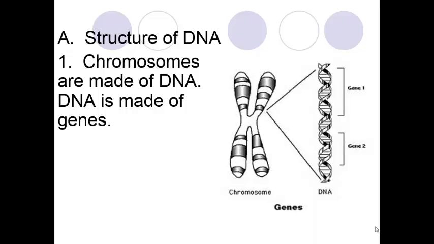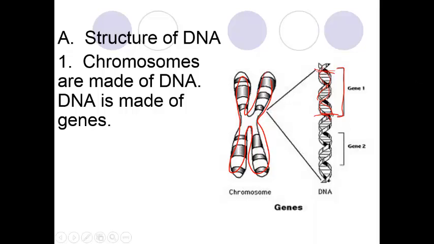So in this picture, I like that it gives you a visual picture here. We have a chromosome. Okay, we've drawn these multiple times. And the chromosome is made up of our double-stranded, double helix DNA. And we know then that the DNA is made up into pieces. These pieces of DNA code for a trait, so this is called a gene.